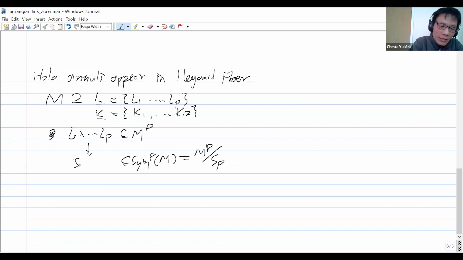And then we denote this quotient, the image, to be sim L. This is the notation.